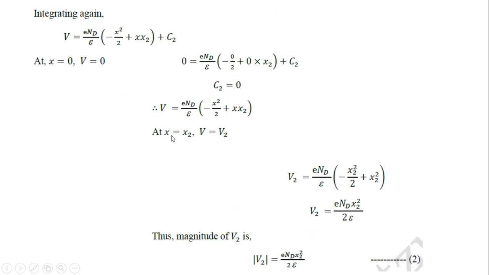And we know that at x equal to x2, your v value is equal to v2. So you just put the value of v2 here, and put the value of x2 here; x2 into x means x2 square. Then simplify it. This is the magnitude of your v2.